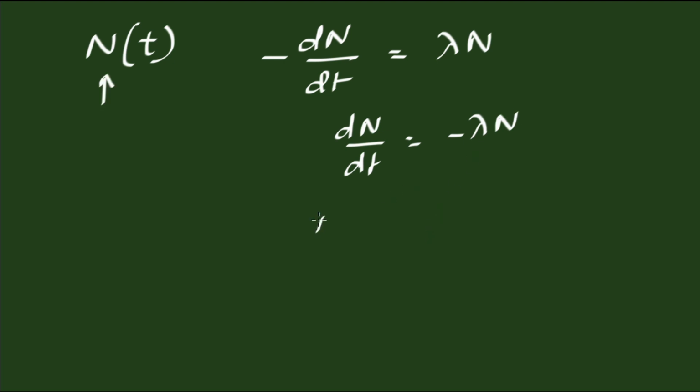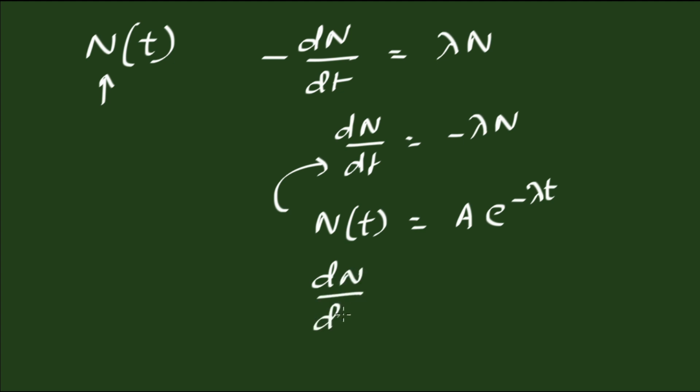So let's try a solution. Let's guess that this might be A e to the power of minus lambda t. And one of the things we need to learn in this course is to be able to verify whether something is a valid solution. So how do we verify this? We plug it into this differential equation. So let us differentiate. dN by dt will be A, derivative with respect to t of minus lambda t.